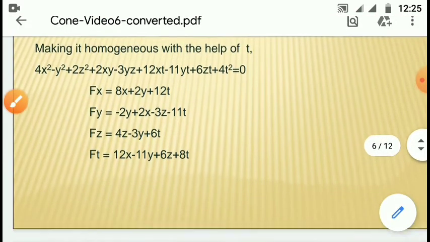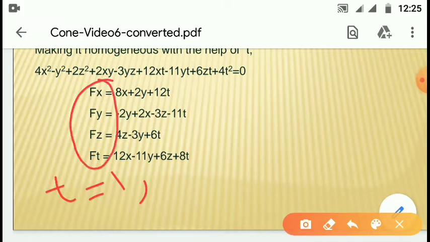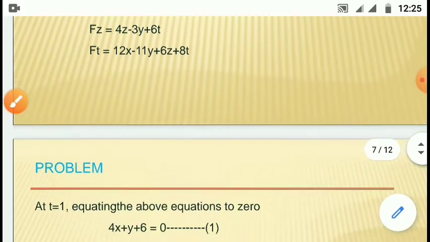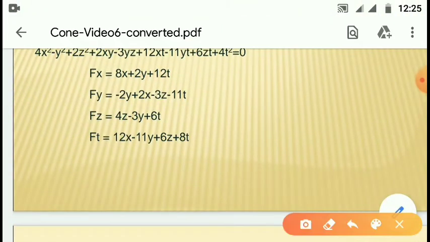So by keeping t equal to 1 and equating all these partial derivatives to 0, we will get four equations like this. For example, here we get 8x plus 2y plus 12 is equal to 0. Here we get minus 2y plus 2x minus 3z minus 11 is equal to 0.